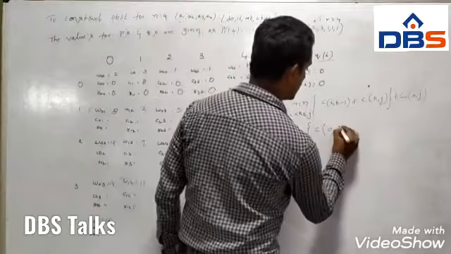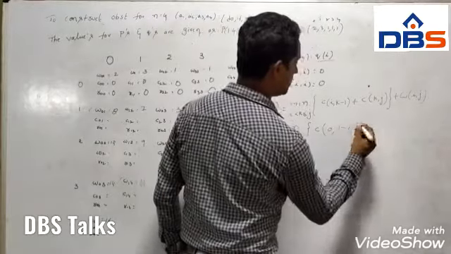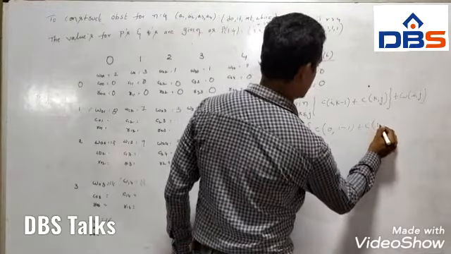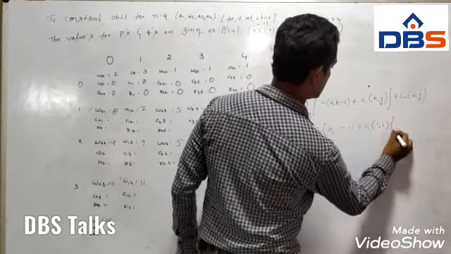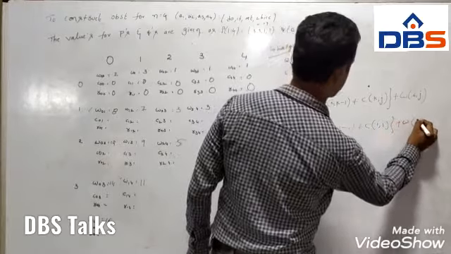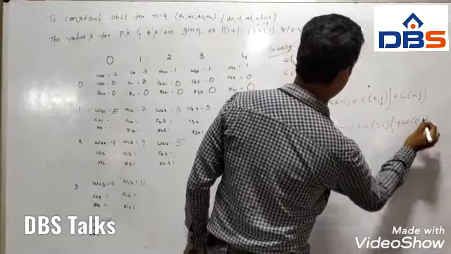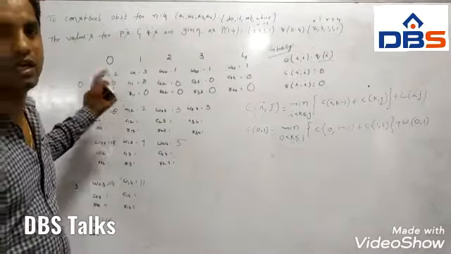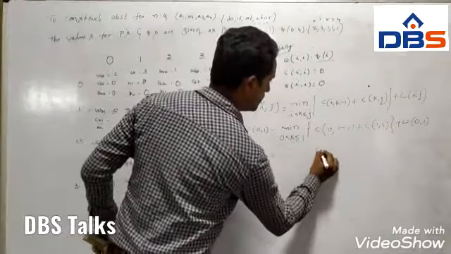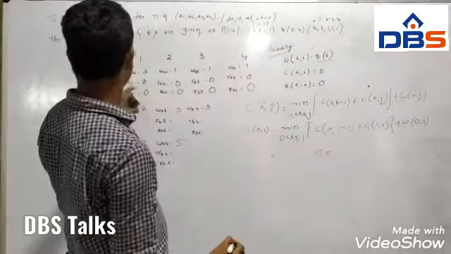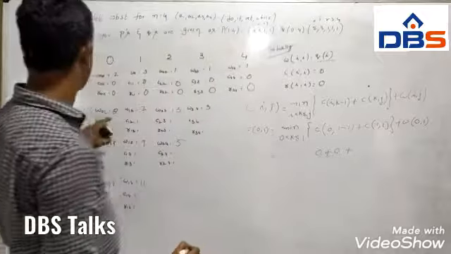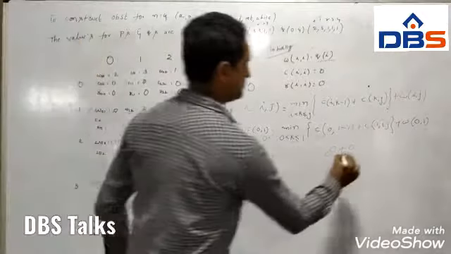Okay. C of 0 comma 1 minus 1 plus C of 1 comma 1 plus W of 0 comma 1 equals C of 0 comma 0, initially 0, plus C of 1 comma 1, which is 0, plus W01, which is 8.